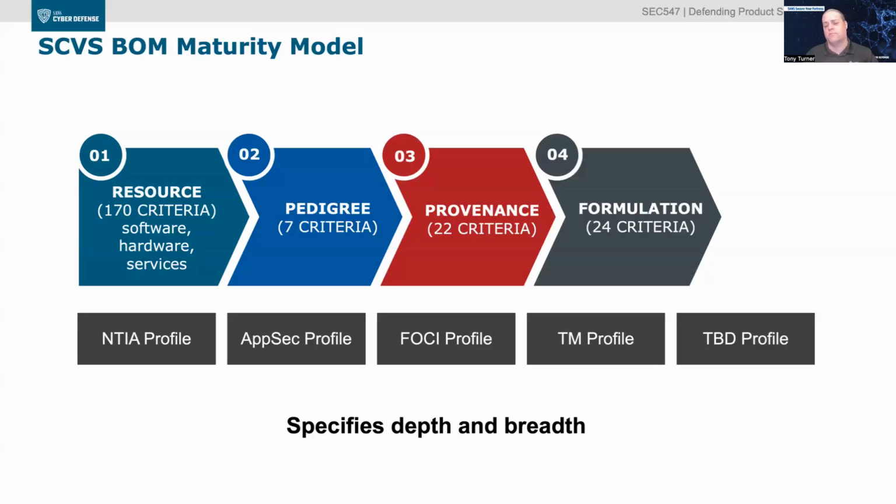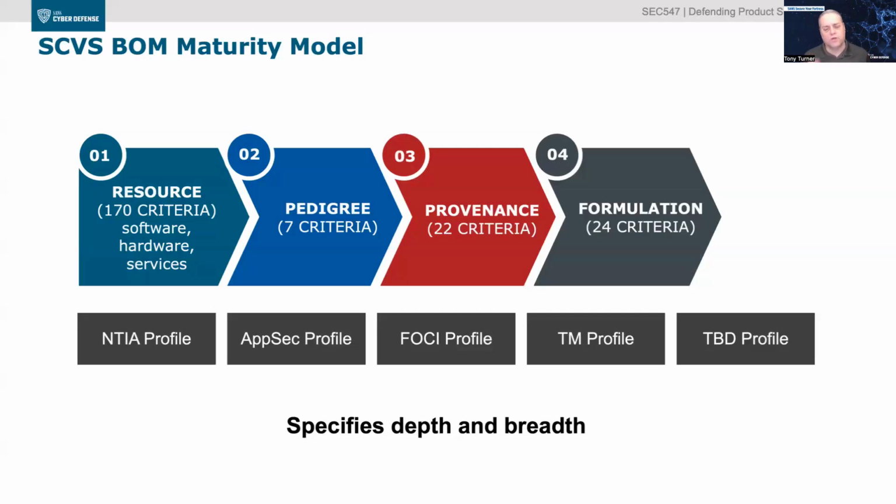So maybe I apply my FOCI profile. I will pull in all those provenance criteria. And maybe in that particular use case, I care less about the NTIA criteria. I'm really focused on provenance, since that's important to me. We have threat modeling profiles, AppSec profiles, a bunch of other profiles that can be created out there.